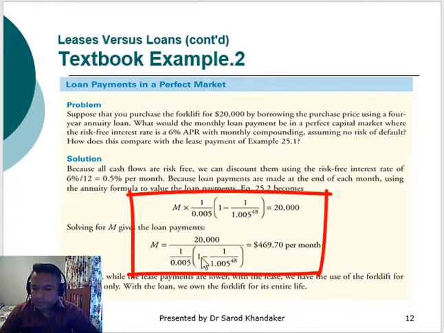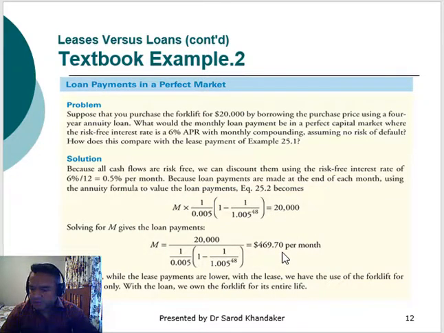Then 1 minus 1 divided by 1.005 to the power of 48. The 48 is coming from 4 years multiplied by 12 months. So if you solve this equation, it is $469.70 per month.